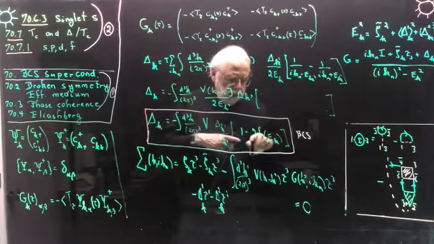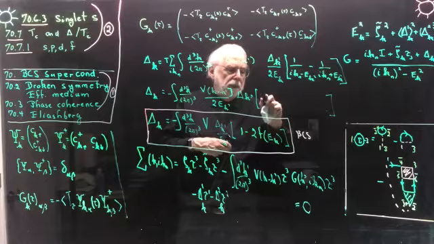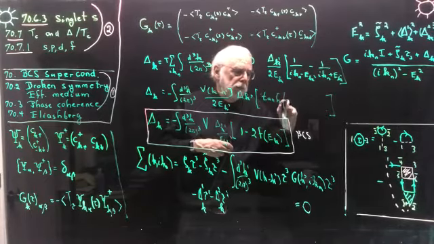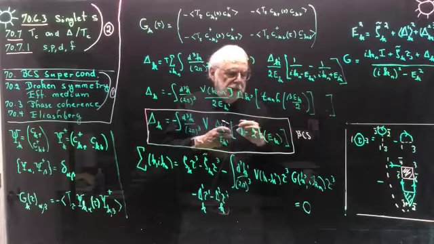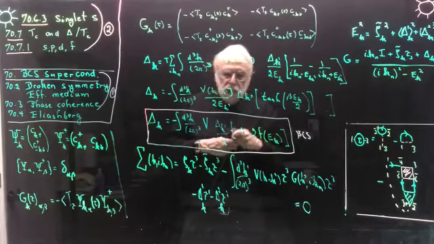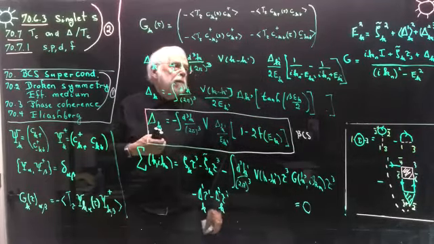And here, this I can write as hyperbolic tangent of beta EK over 2. And remember that EK is positive here all the time.